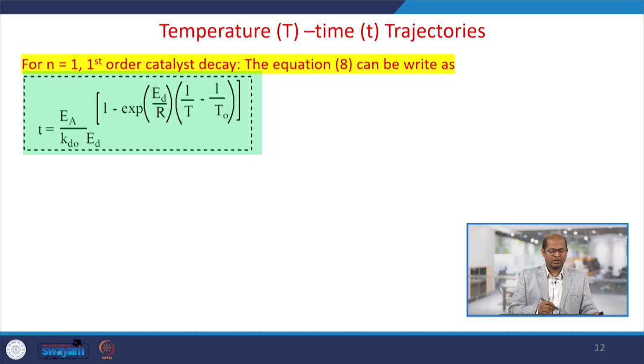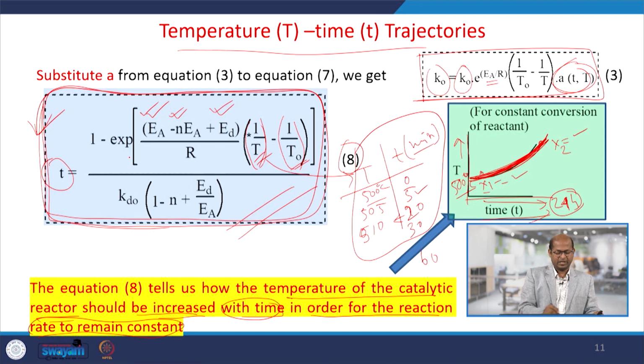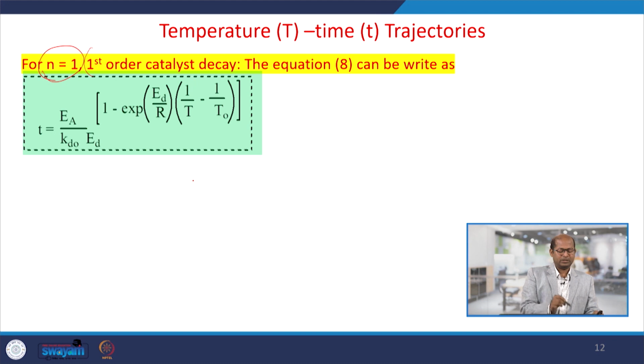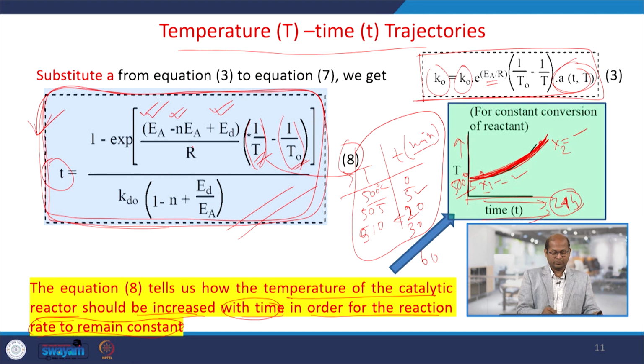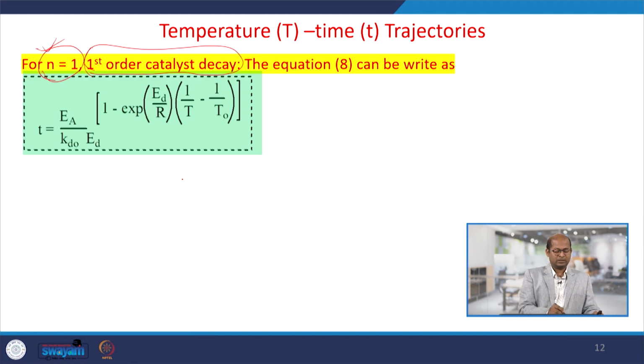Now here, n is the one we are putting in the equation we have developed, this equation 8. In these equations, if we assume that the catalyst decay rate is following first order, so n equals 1, then this equation becomes this.